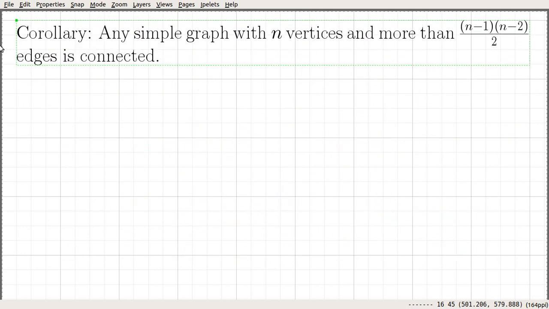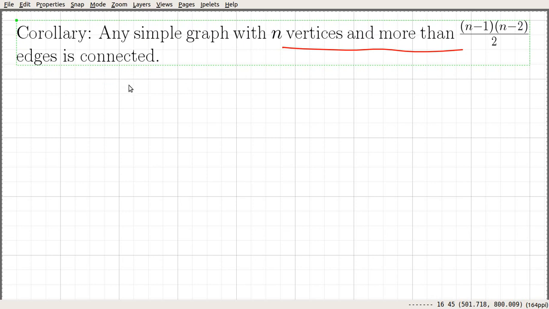The corollary says that any simple graph with n vertices and more than (n minus 1)(n minus 2)/2 edges is always connected. Let me give an example, then after that I will give the proof. The proof is very short.